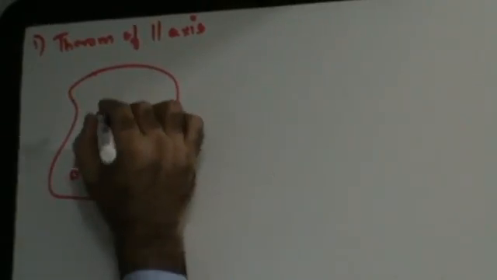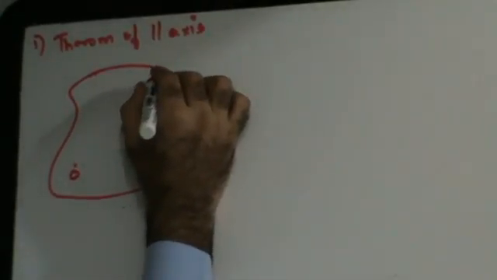So let's consider a rigid body. Let's consider point O and point P. O is the axis of rotation.